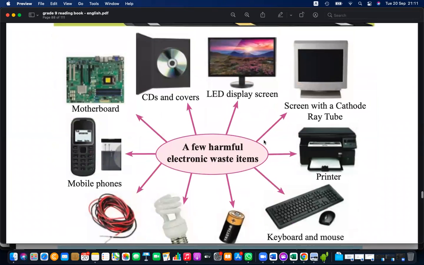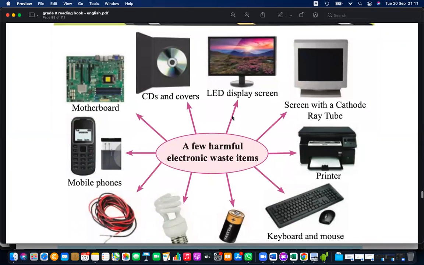It is better to say that there are harmful elements in these items, but the items themselves are not harmful.